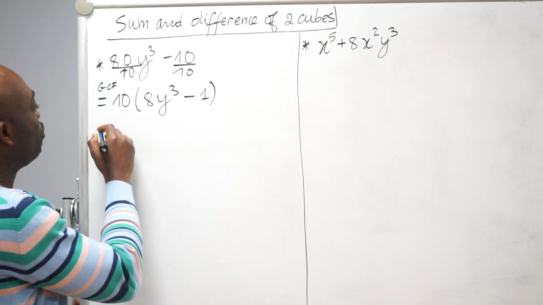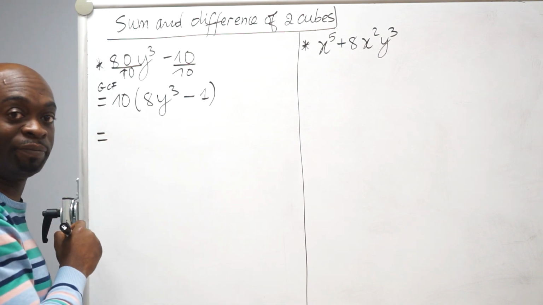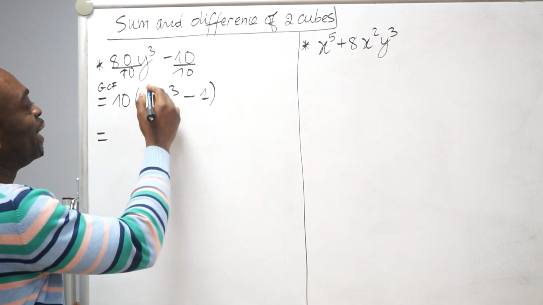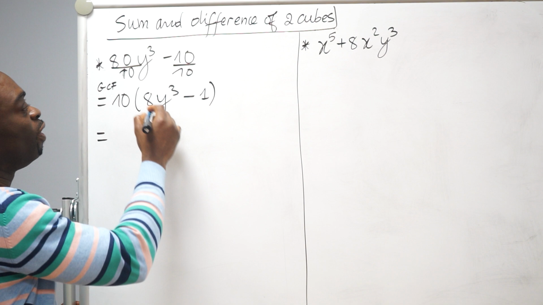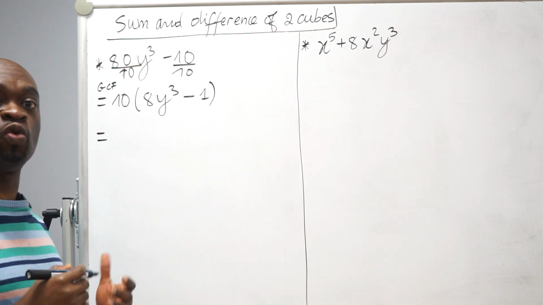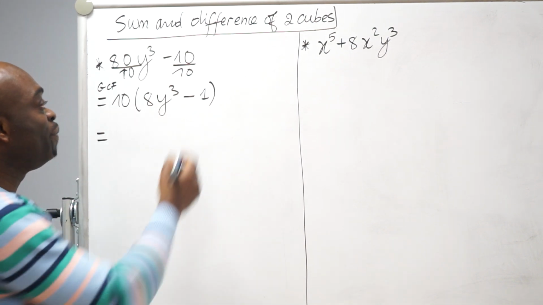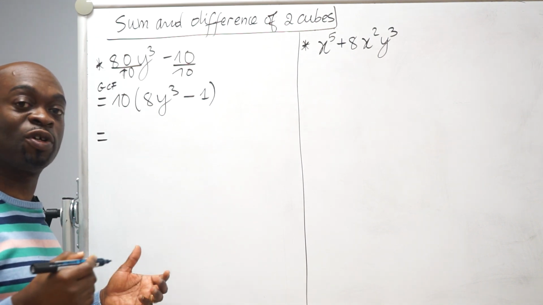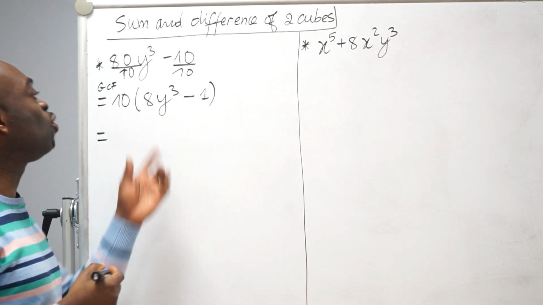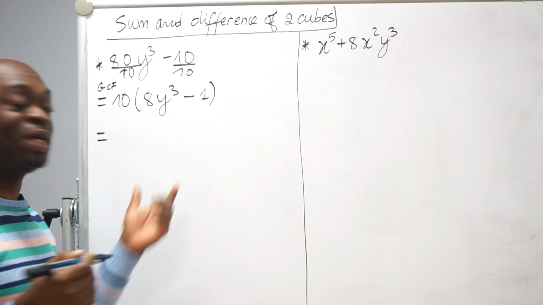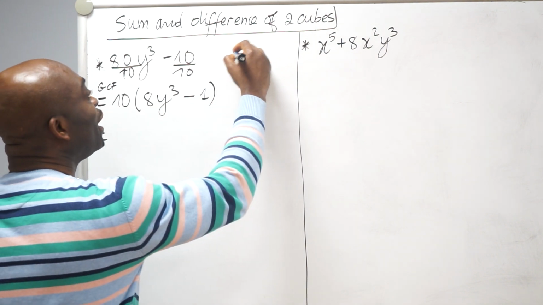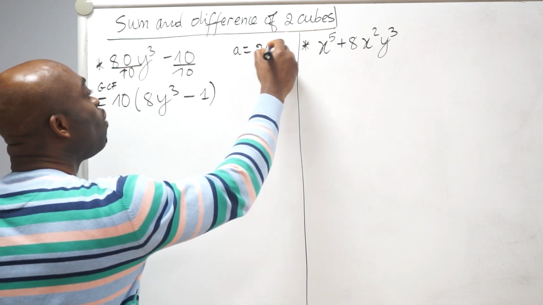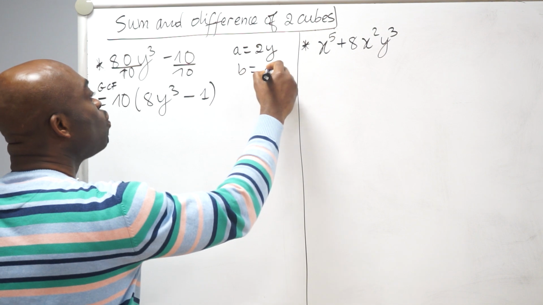And then we're going to have to use the formula. The cube root of 8y to the third is 2y for A, and for B, the cube root of 1 is 1. So A equals 2y and B equals 1.